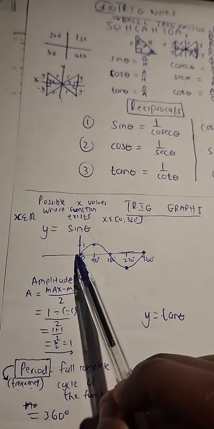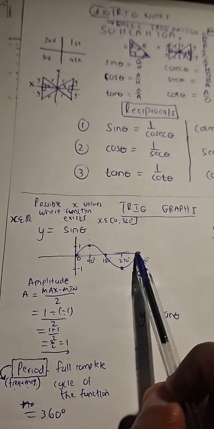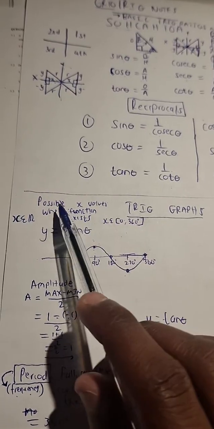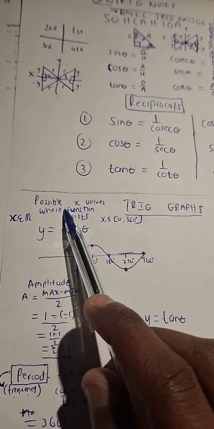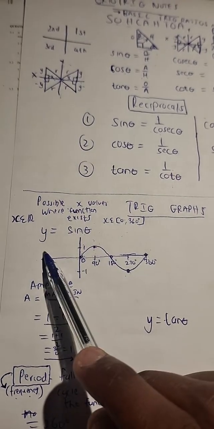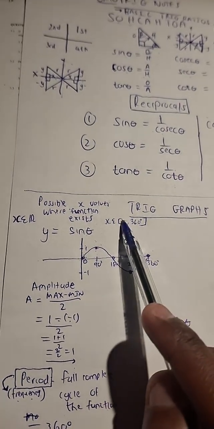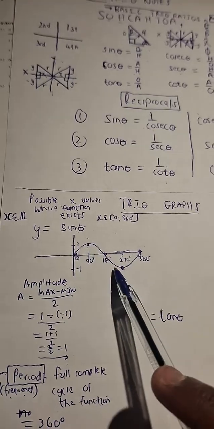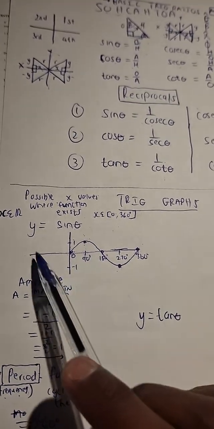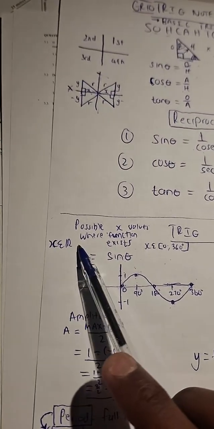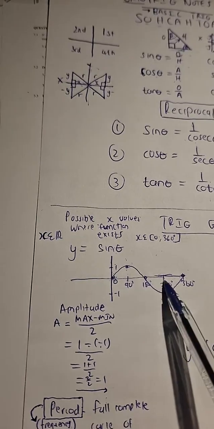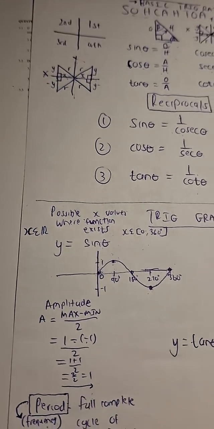From that place where it starts to that place where it ends, because domain is the possible x values where the function exists. And when we look at domain, we look at it from the left to the right, from smallest to biggest. But if the function is infinite, it's unrestricted, then we say x is an element of real numbers. What does this mean? It means that the function exists everywhere from left to right.